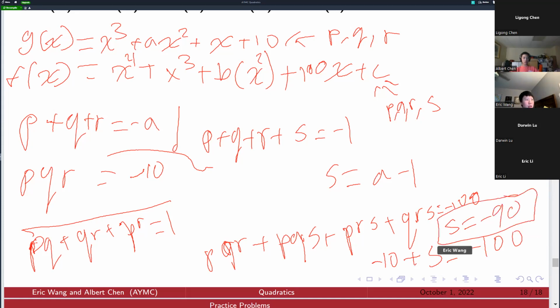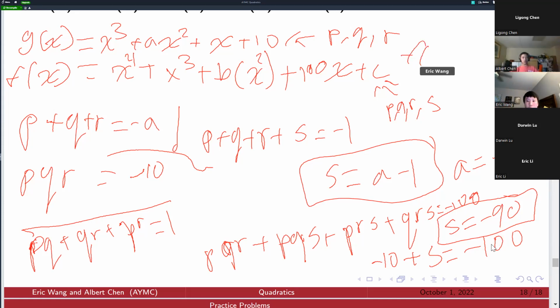And also it follows that a equals -89, and we can factor f of x in terms of g of x because they share the same roots other than this s. So we know f of x equals x plus 90 times g of x.